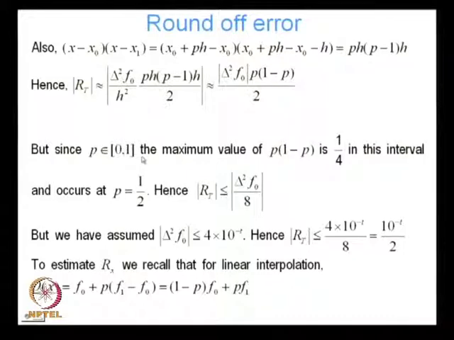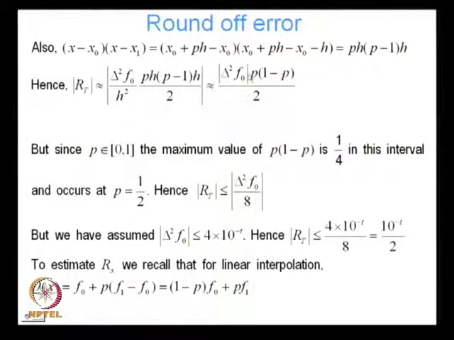Why does p belong to 0 and 1? Because the point lies between x0 and x1. That's why p belongs to 0, 1. We can show that this is a quadratic, and the maximum value of this quadratic is 1/4. We are interested in finding a bound for this, so we want the maximum value the right hand side can take.